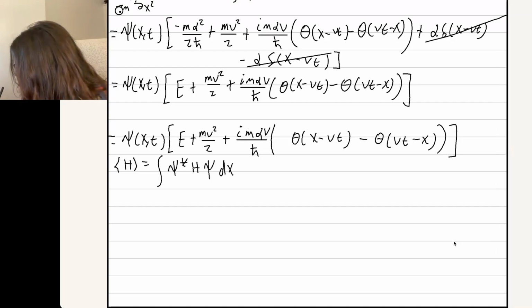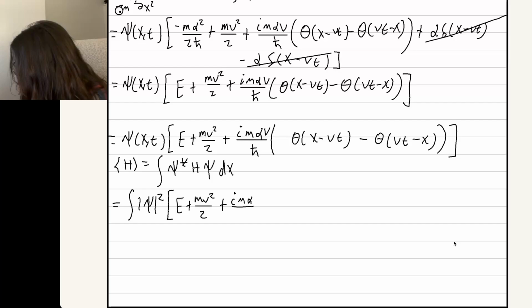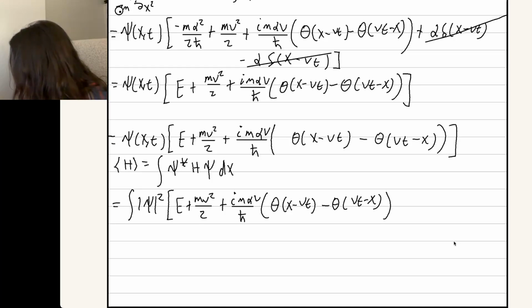So we're going to have the integral over all space of psi squared times E plus mv squared over 2 plus im alpha over h bar times v times theta of x minus vt minus theta of vt minus x, times dx.